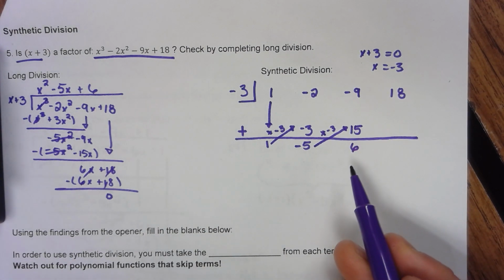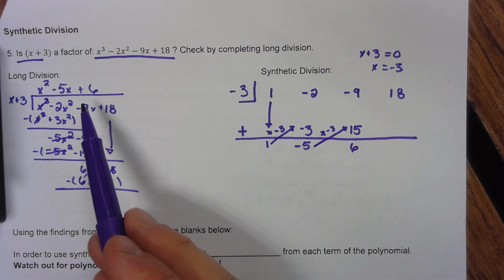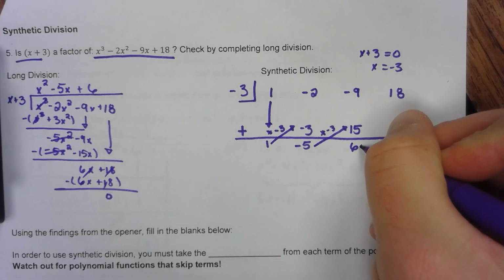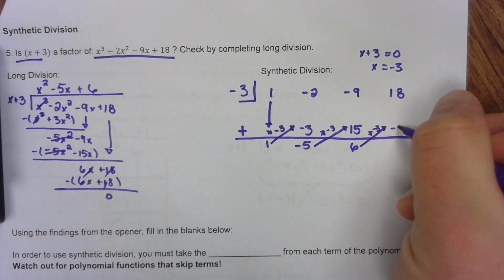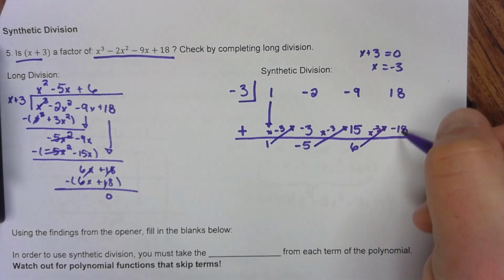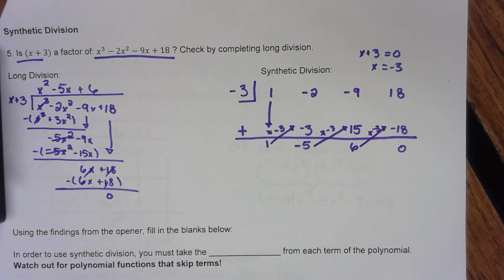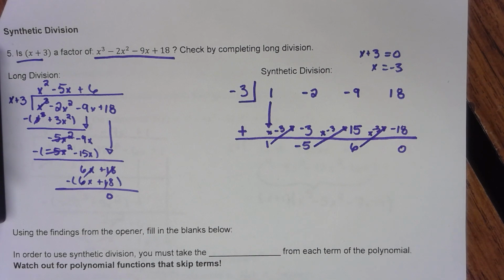Do we see a 6 somewhere in our quotient from the long division? It is that same 6 right there. And then we got to do this one last time. We take 6, multiply it by -3, and get -18. And we add and get 0. That 0 is referring to our remainder.